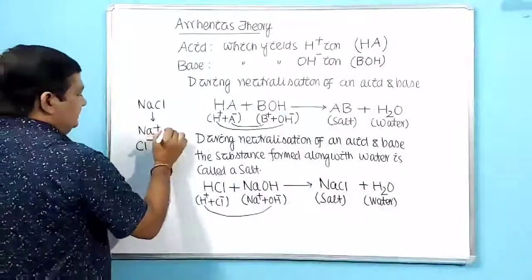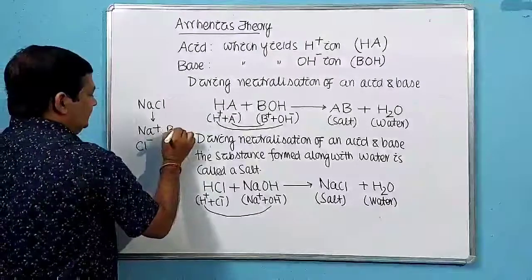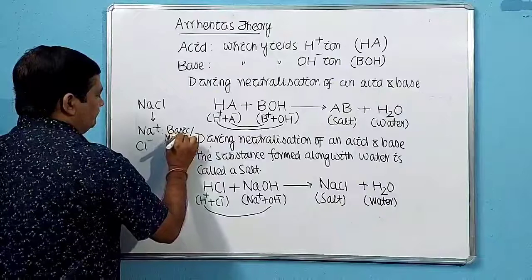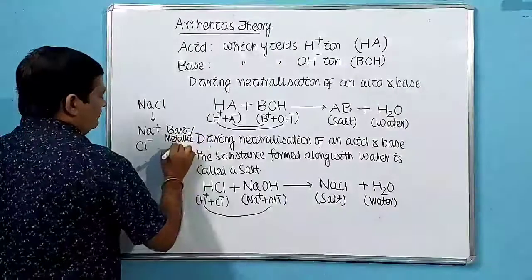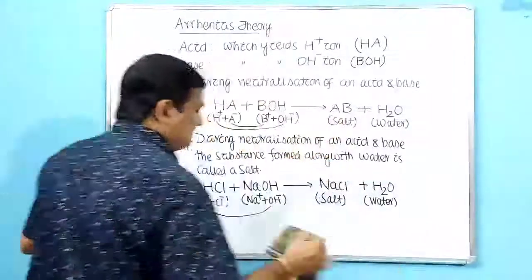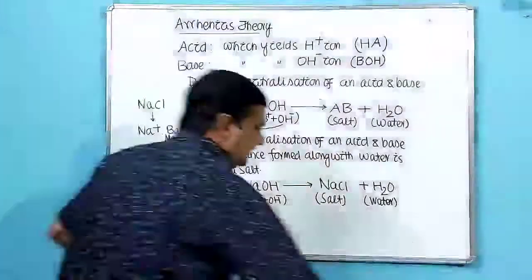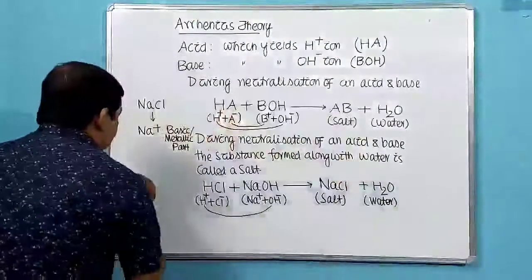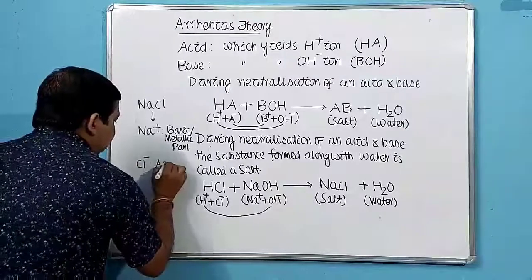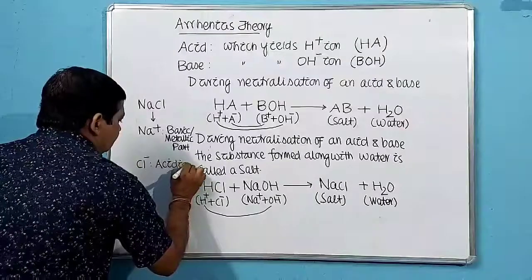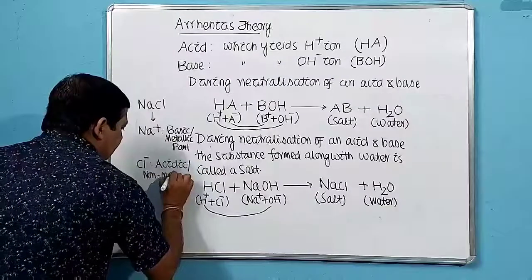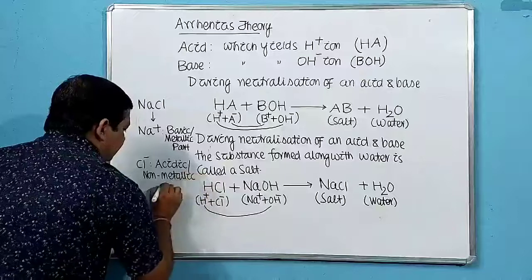Na plus, the positive part, is called the basic part or the metallic part, whereas the negative part Cl minus is called the acidic part or non-metallic part.